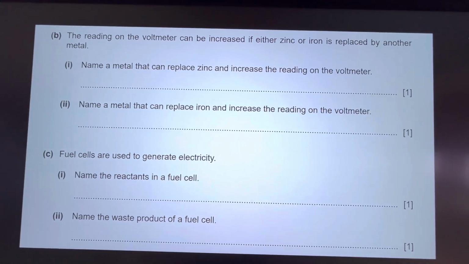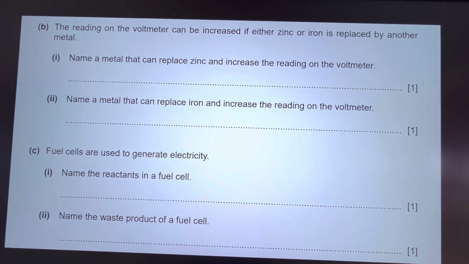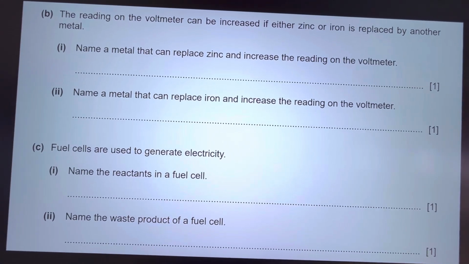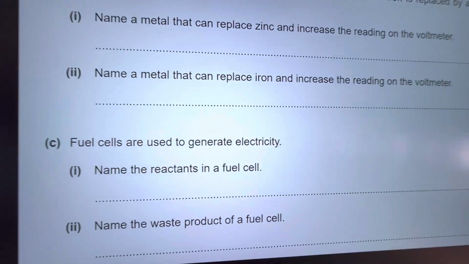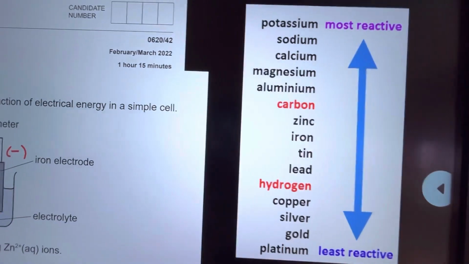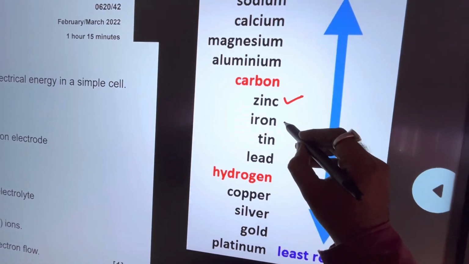Then next, same question. The reading on the voltmeter can be increased if either zinc or iron is replaced by another metal. Name the metal that can replace the zinc and increase the reading on the voltmeter. Always remember this reactivity series. For exam purposes, you must know it.